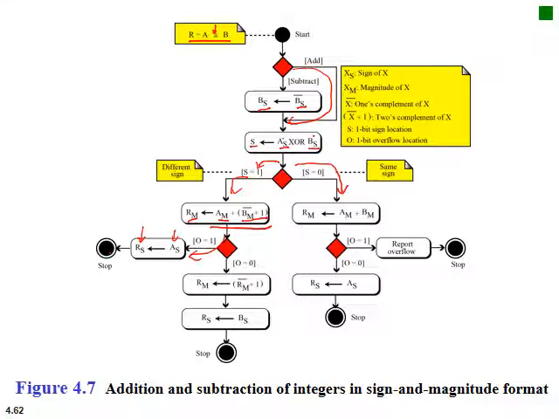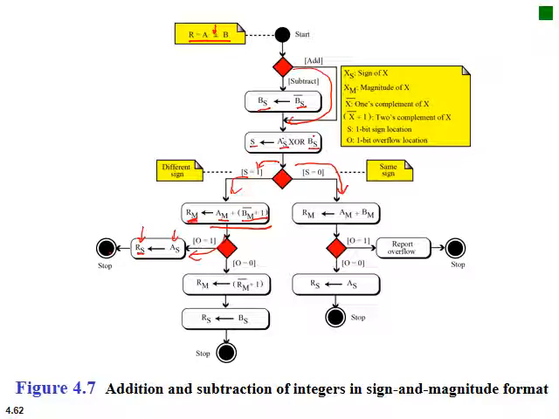Right, so at that stage we would have the result's magnitude by that calculation, and we will have the result sign, building up the final value of the calculation.